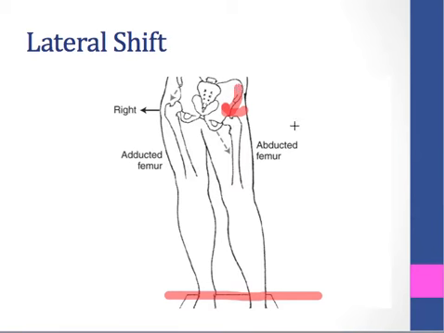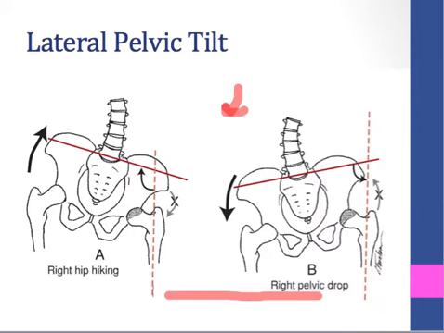One thing that's important to understand is that, maybe let's go back to the other slide, because I think it's important for us to recognize and see the relationship of what's happening with hip abduction and hip adduction. So with our right hip hiking, are we going into hip abduction or hip adduction?